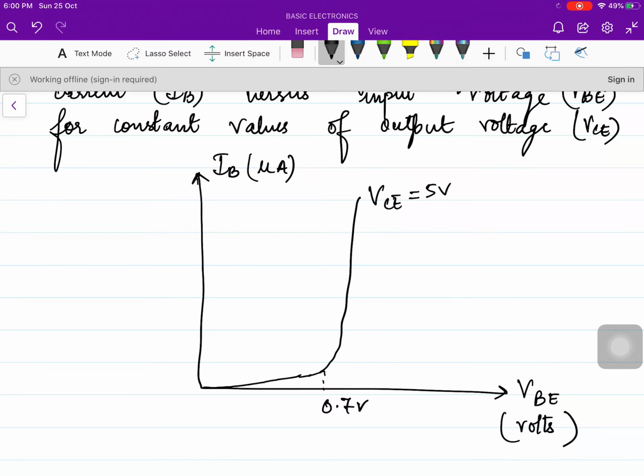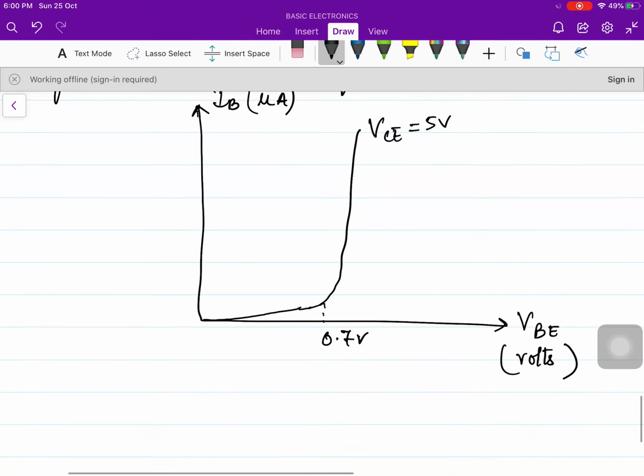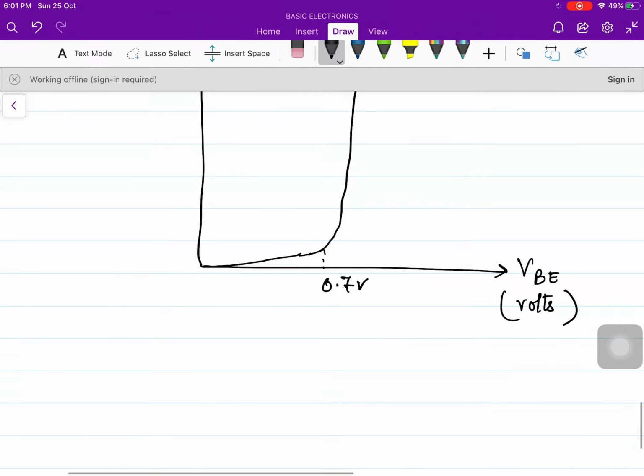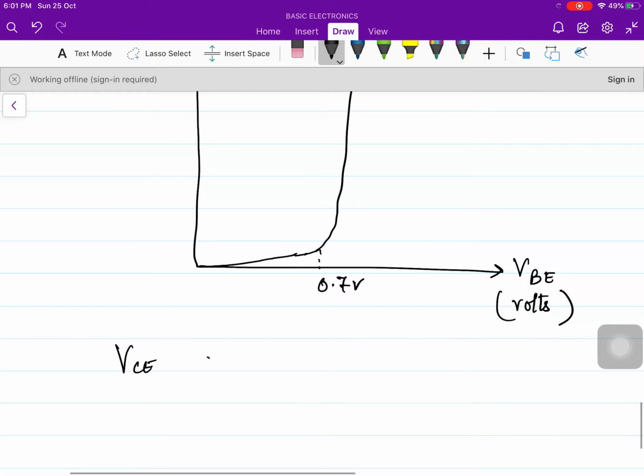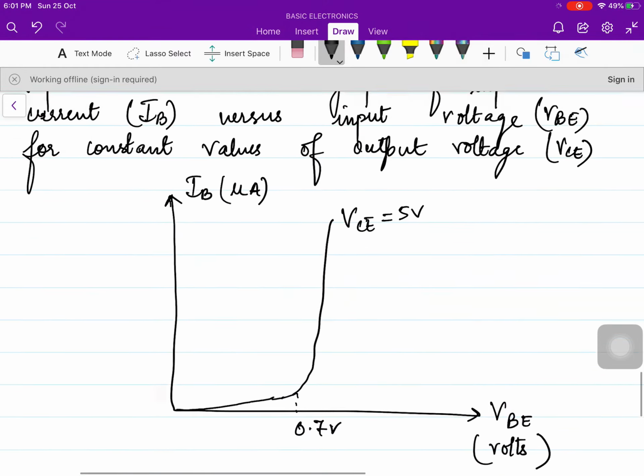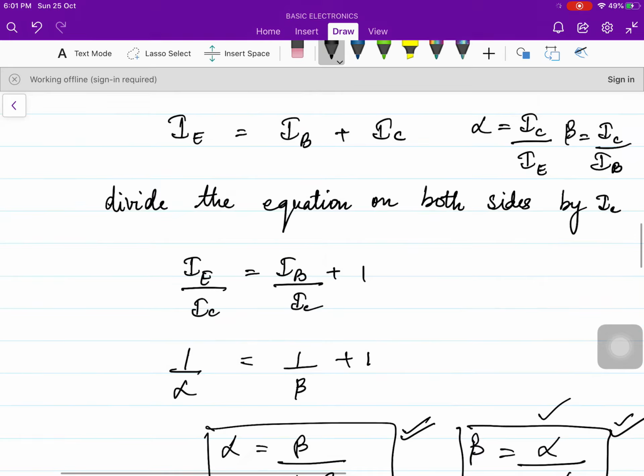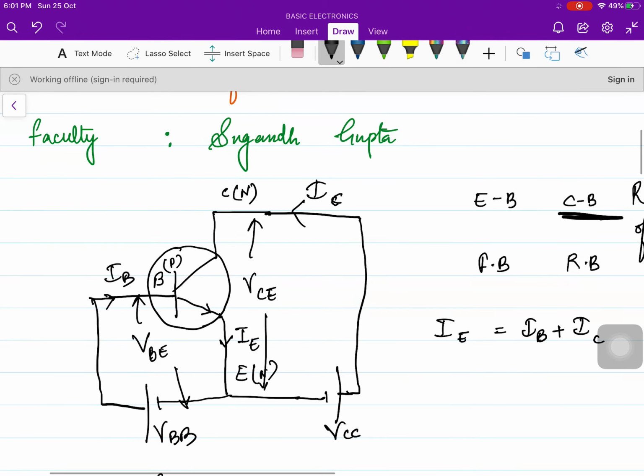Now the shape will remain the same, but we have to see what will happen by increasing VCE, whether the graph will shift towards the left or towards the right. So for that I'll again take into account VCE. If you look to the circuit, VCE you can break into two parts, that is VCB plus VBE.